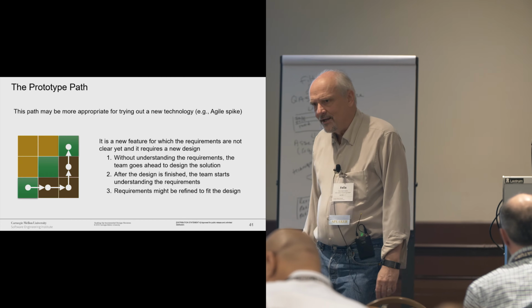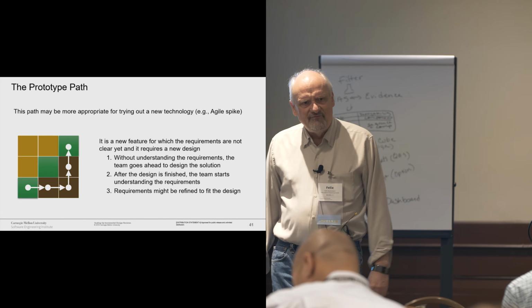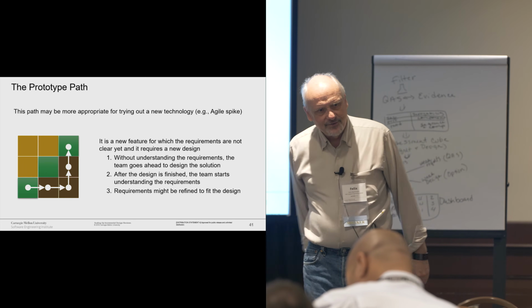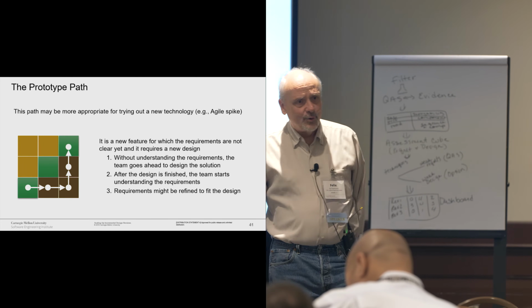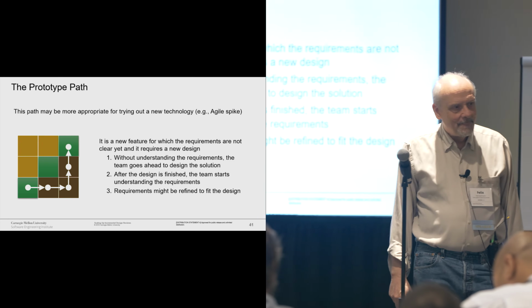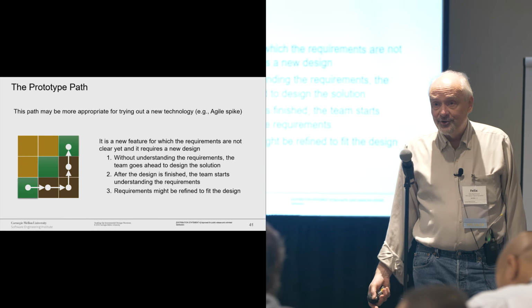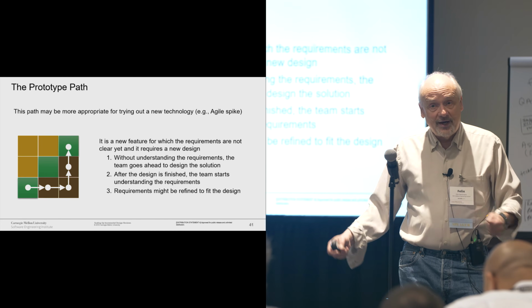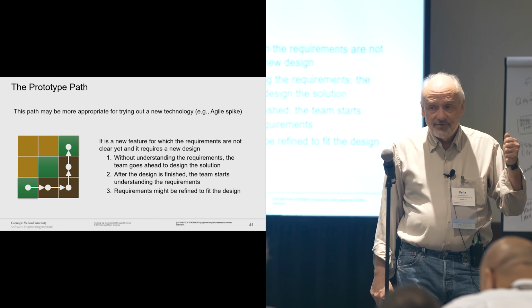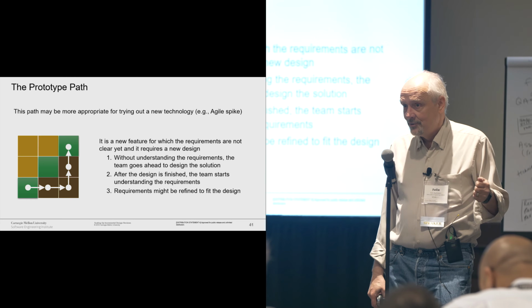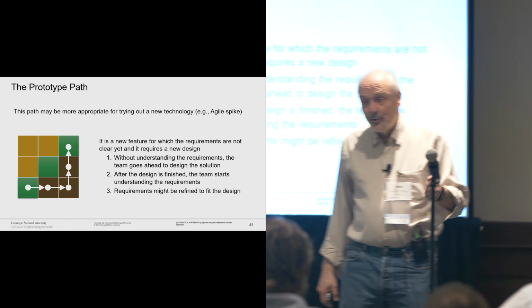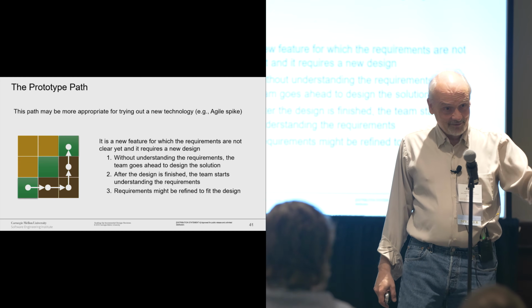Well, at first, that looks kind of awful. Why would you go down the design path and design a solution if you don't have the requirements for it? But actually, that is the prototype path. The team does this because they don't know what the requirements are. The stakeholders cannot tell what the requirements are. So UI is a typical thing.